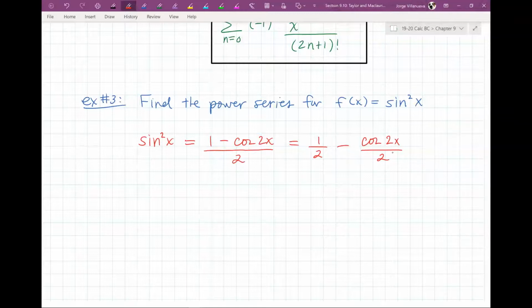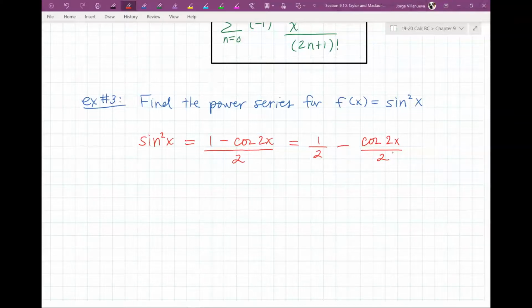What I'm basically saying is I should know the cosine definition. Okay, cosine of x. That's an even function, so I know it starts with 1 and then minus x squared over 2 factorial plus x to the fourth over 4 factorial, etc. Then I just change it to 2x instead of cosine of x.